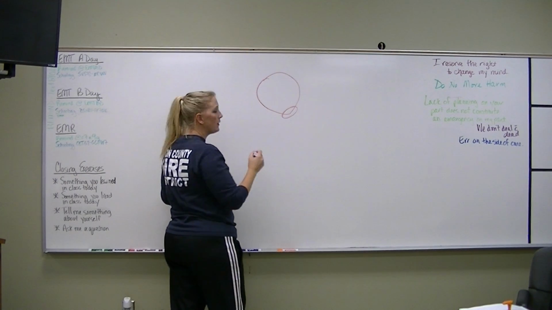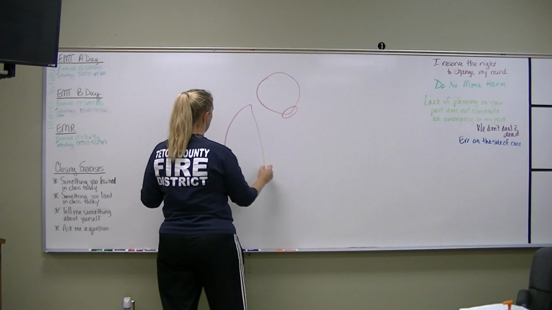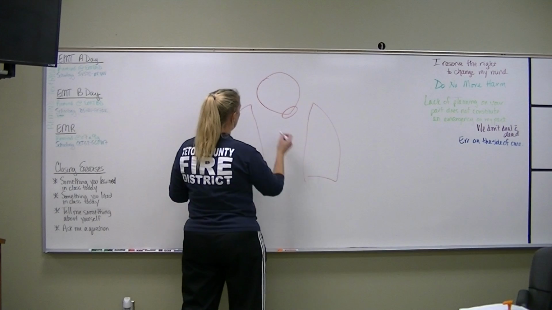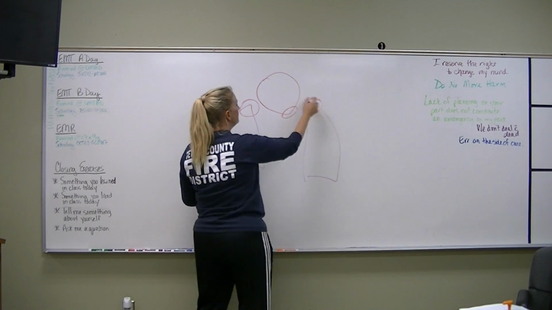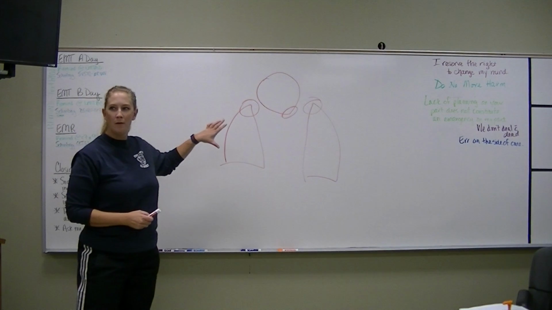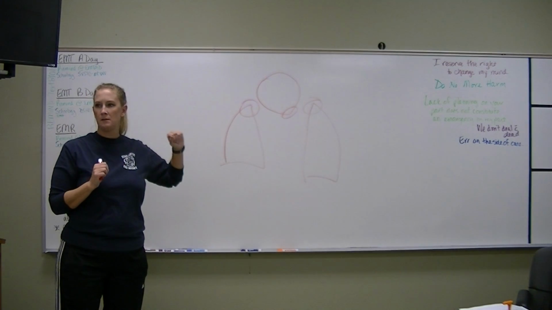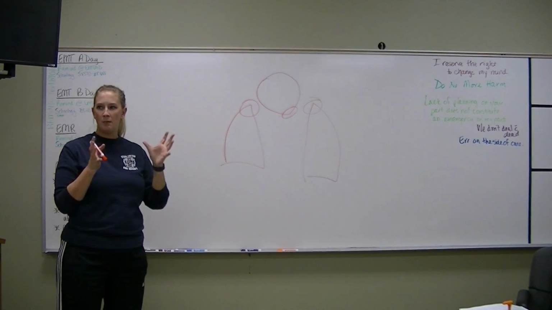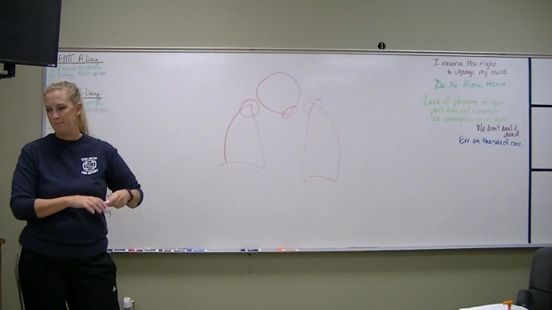Yeah? Where's the apex of our lungs? Is it the bottom? No, the top, I guess. This is the apex of our lungs. Why would the apex of the heart be at the bottom? Because that's where the point of it is. Okay. The apex doesn't have to mean top, it means point or tip. Okay.